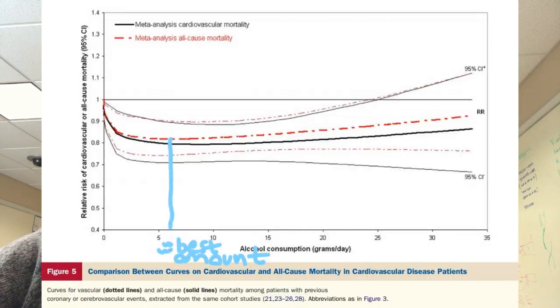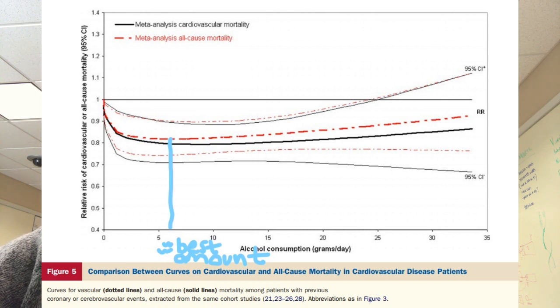And for relative risk, the lower the number in this situation, the more benefit you get in reducing cardiovascular death and death overall. So you can see here around 5 through 7-ish is the lowest point.